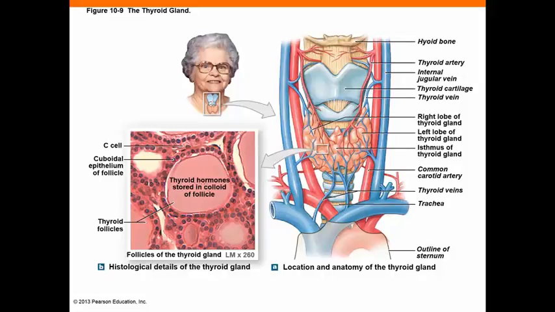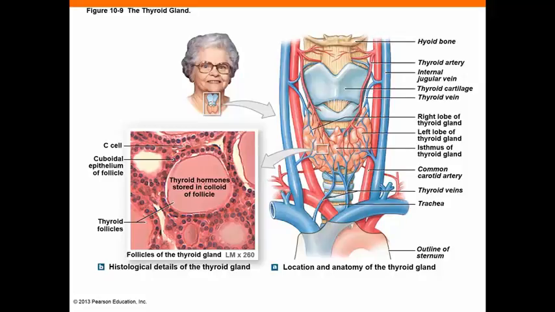The thyroid gland contains numerous thyroid follicles, spheres that are lined by simple cuboidal epithelium. Each follicle contains a viscous colloid. The viscous colloid contains a large number of suspended proteins and thyroid hormones.